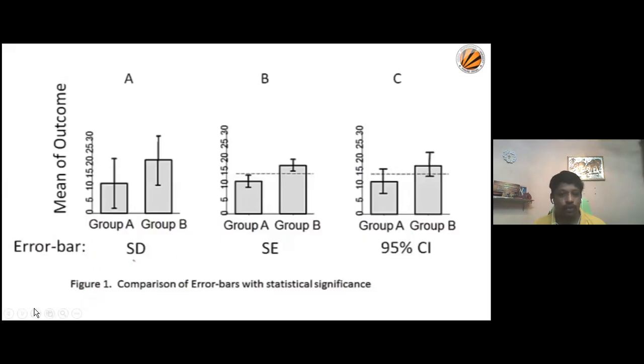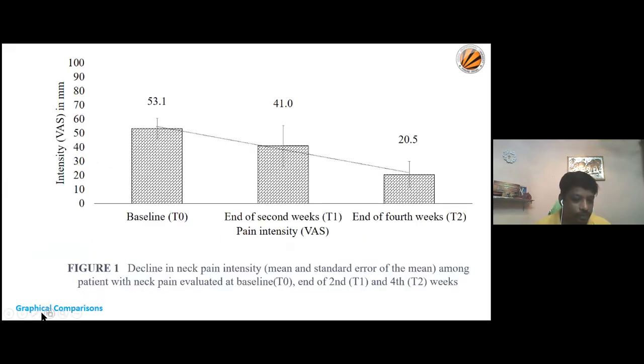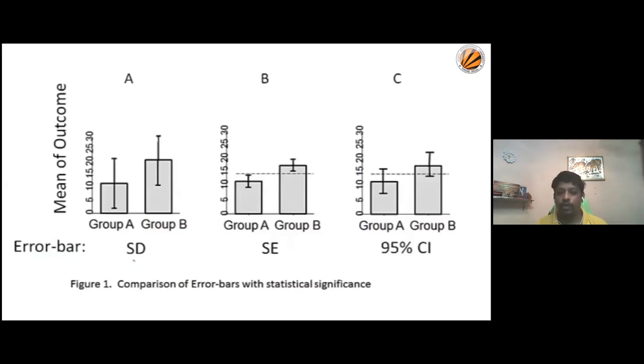When you take this line, this is your upper limit, this is a lower limit of the error bar, and the error bar for the other group also has an upper limit and a lower limit. When you see this, you can identify whether there is any statistically significant difference between the groups, if this error bar overlaps.